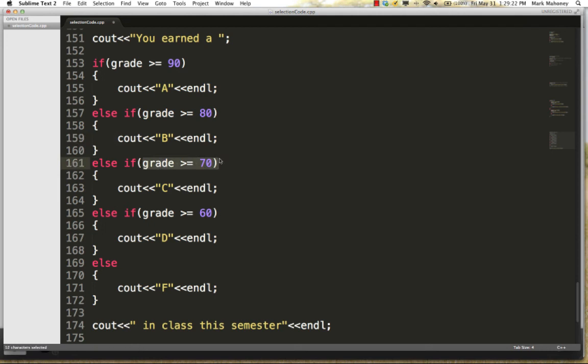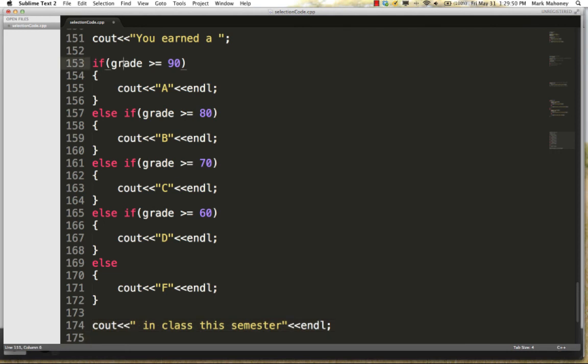Okay, so after one logical expression is found to be true, all the others are going to be skipped. And the flow of control will pick up with the first statement outside this big if-else-if statement, which is down here, this last cout. Because these tests are done from top down, only one of them will ever get executed. In other words, the only way we will ever check to see if the grade is greater than or equal to 80 is if we already know for sure that they didn't receive a 90 or greater.